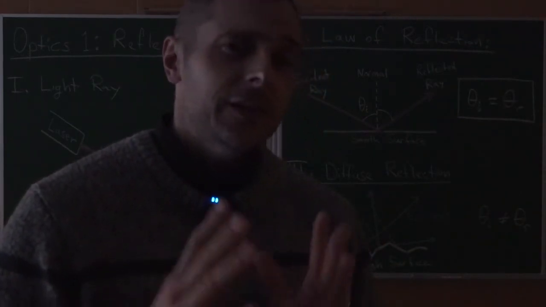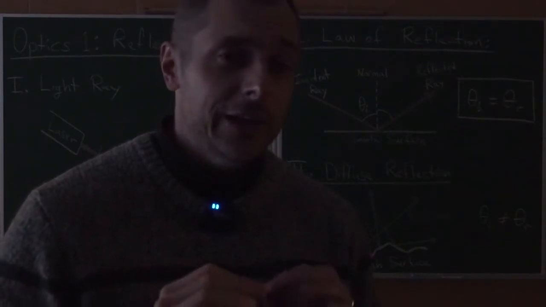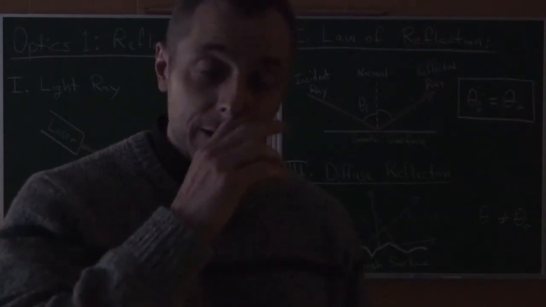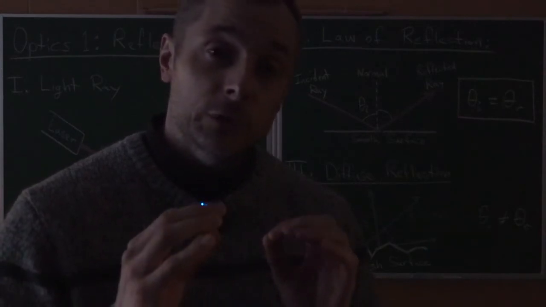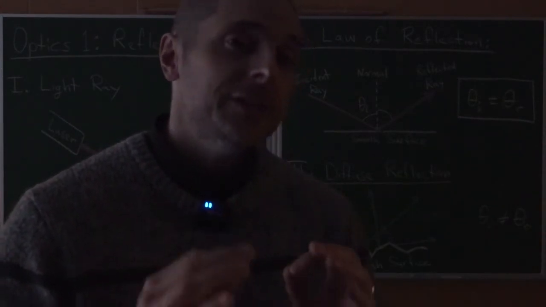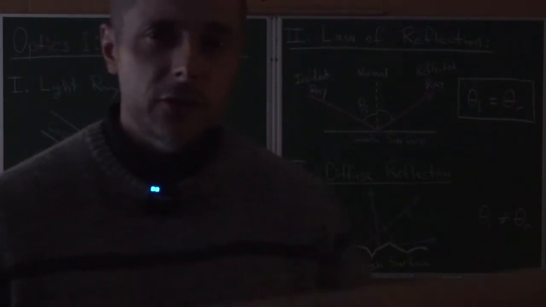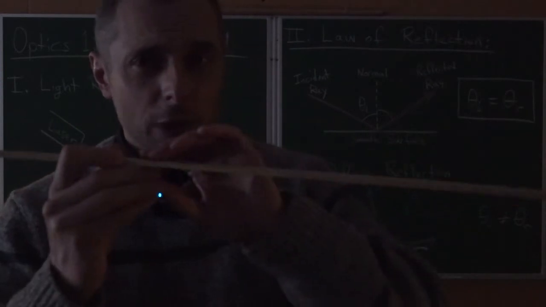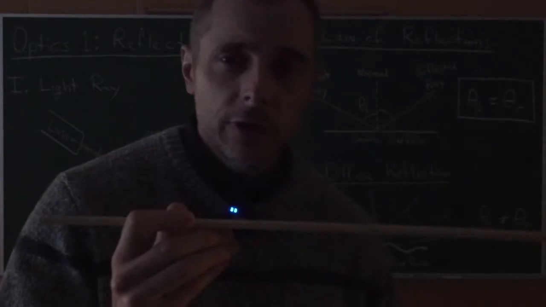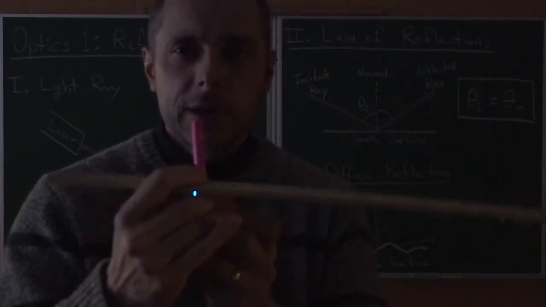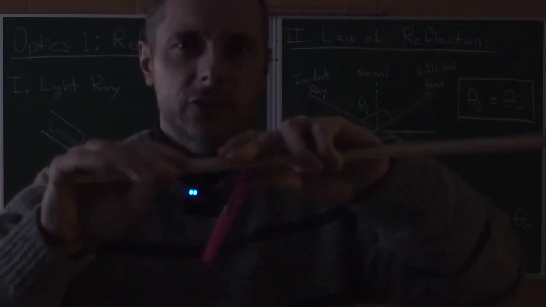So optics, as I said, is the study of light. And we already studied light a little bit in the waves unit, the last topic. Basically we learned that light is a wave, which is a vibration of electric and magnetic fields. If I take this meter stick, representing the direction the wave is traveling, the electric fields are vibrating perpendicular to that, up and down like this.